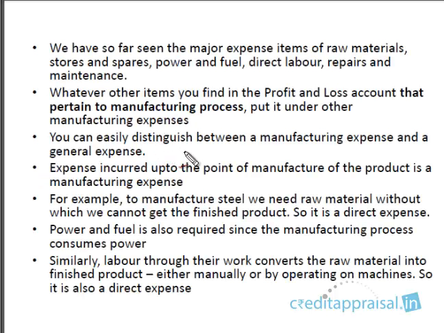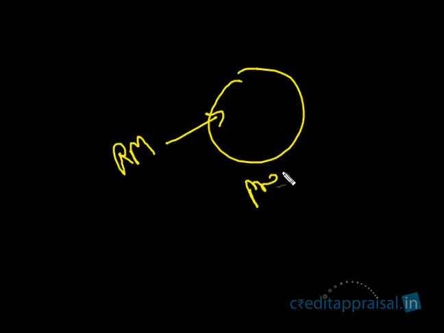You can easily distinguish between a direct expense, also known as a manufacturing expense, and a general expense. When a product is manufactured, there will be raw material, and then you'll be pushing it into the production process, and finally a finished good will emerge.